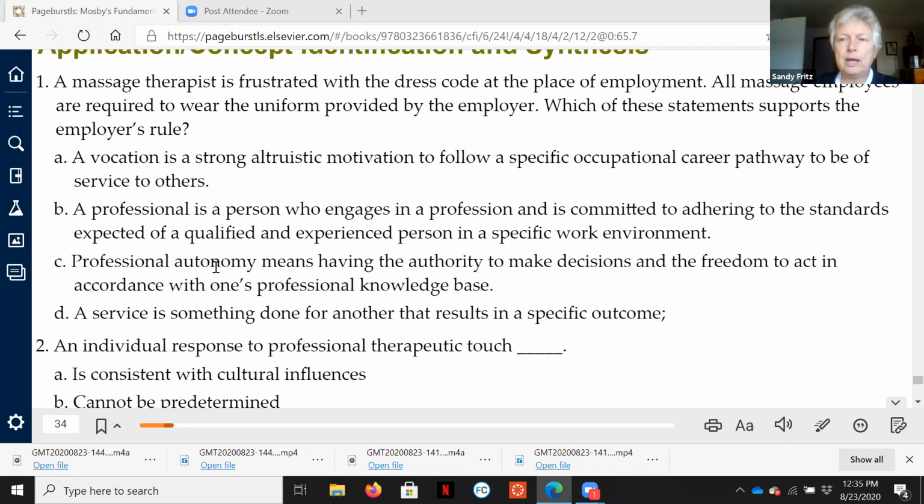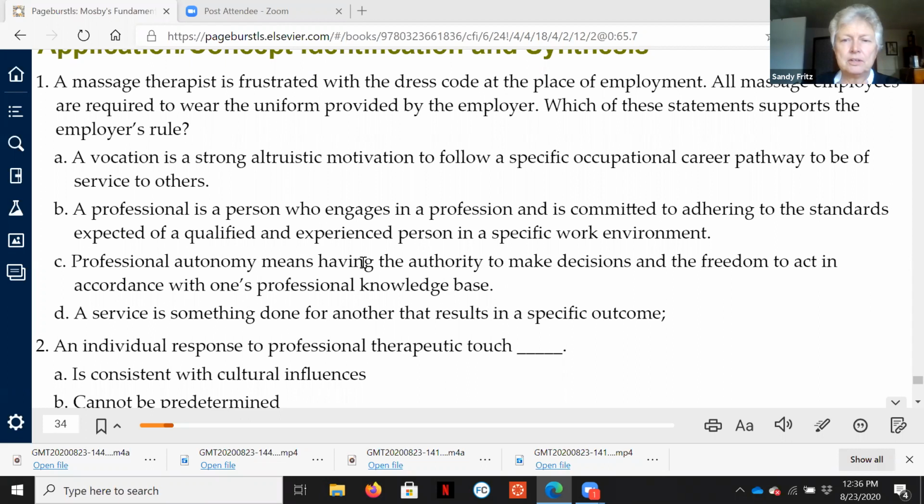An employer can tell you what your schedule is, what uniform you wear, how you perform your duties. So this definition, professional autonomy, means having the authority to make decisions and the freedom to act in accordance with one's professional knowledge base.